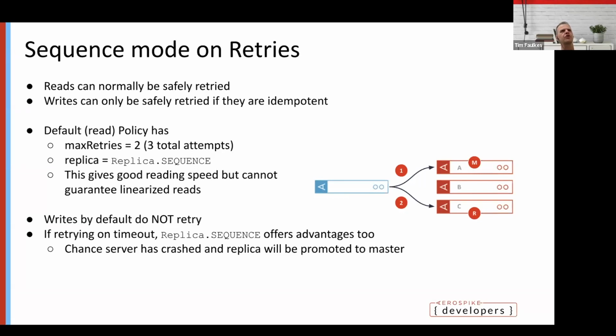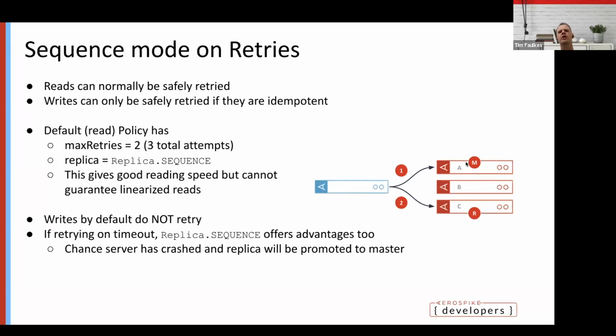Now, with Aerospike, to do a write, you must go to the master. So why would it make sense for the retry to come to the replica? Why wouldn't we just go back to the master on the retry? Well, again, the most common cause of the master timing out is the master has fallen over, a power supply blew or something catastrophic happened. In that case, the cluster is going to start adjusting.